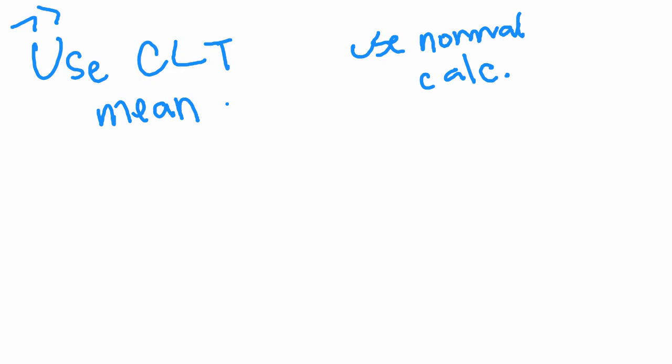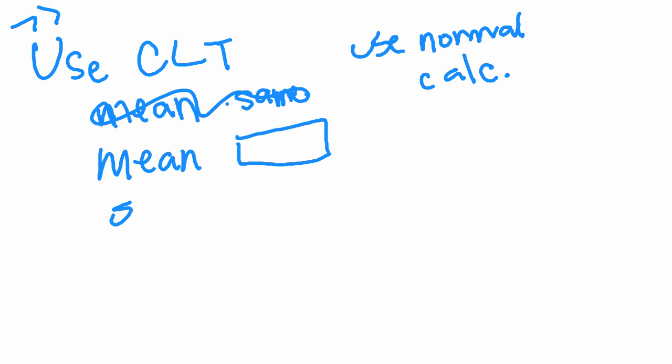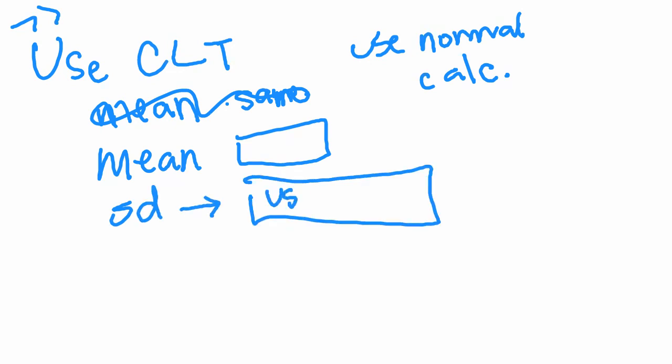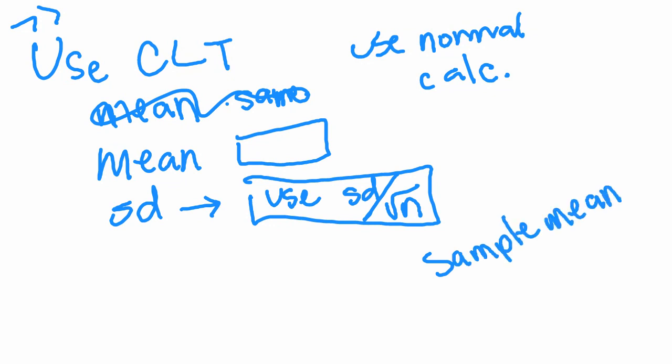The mean is going to be the same, so just plug it in. But for the standard deviation, you're going to use the standard deviation divided by the square root of n, because we're dealing with sample means.